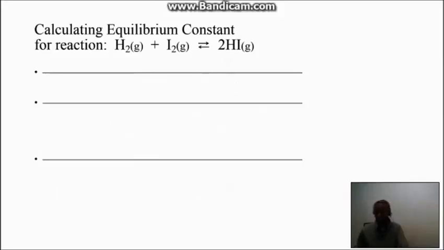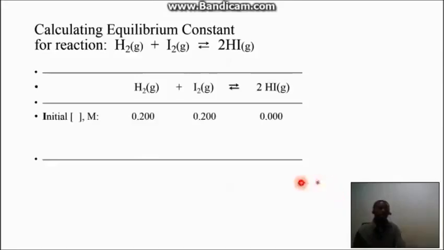Another way to look at this, if we write our equation again, is that we have our initial concentrations here, and if we let the change in concentration be x, then the concentration of H2 will change by minus x, or negative x, because we are consuming hydrogen.